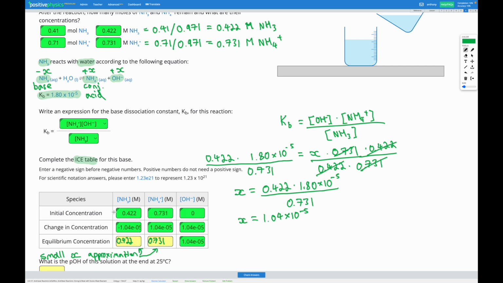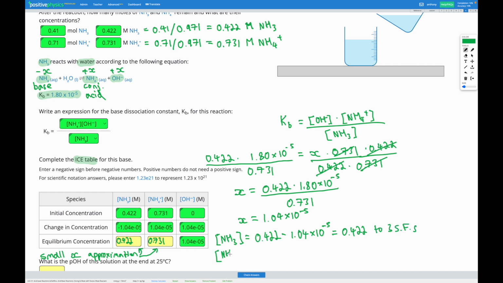And then for ammonia and ammonium, we use that small x approximation, but we can just check that that made sense. So for ammonia, our equilibrium concentration would be 0.422 minus 1.04 times 10 to the power of negative 5. If I put that in my calculator, I'm just going to get 0.422 when I round to 3 significant figures.